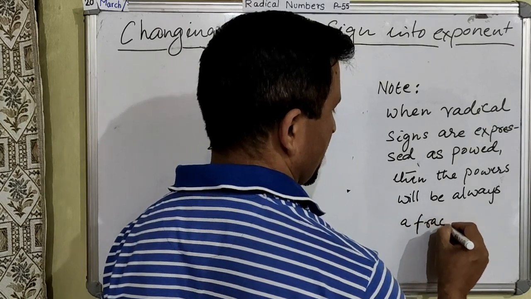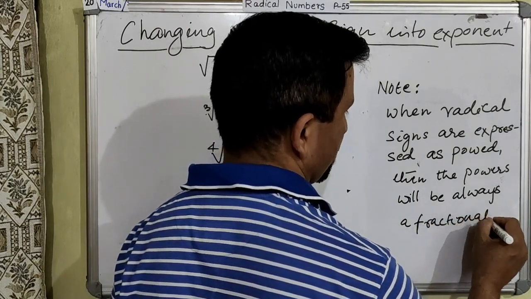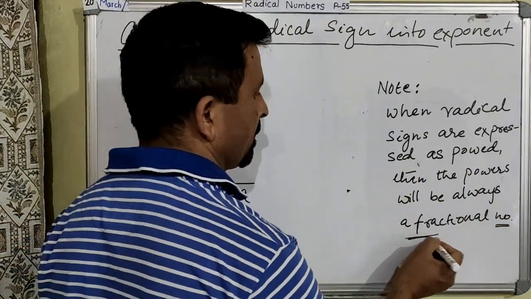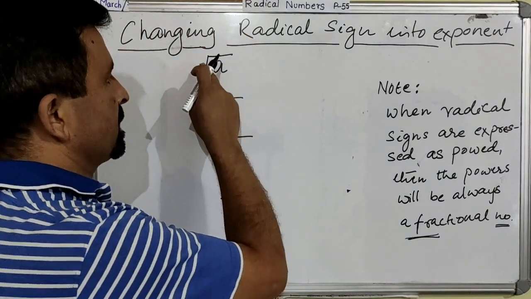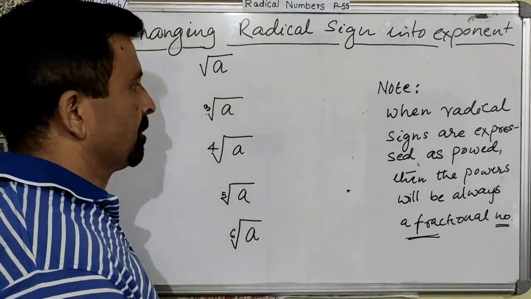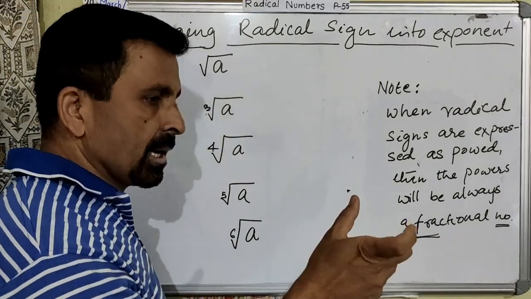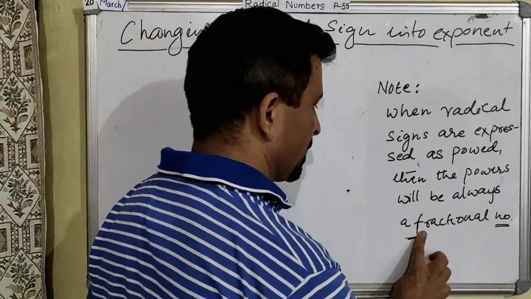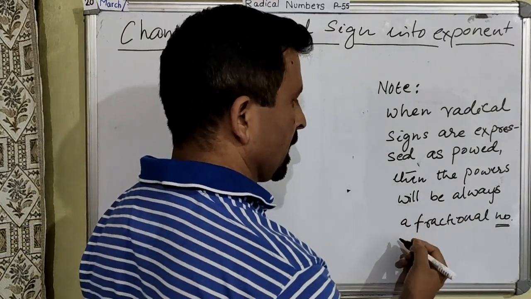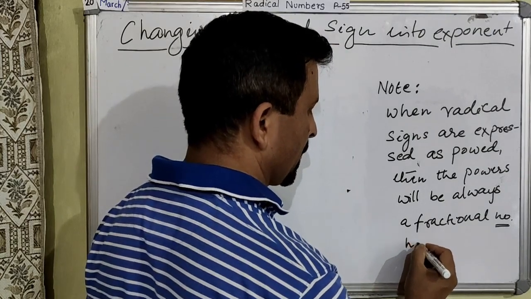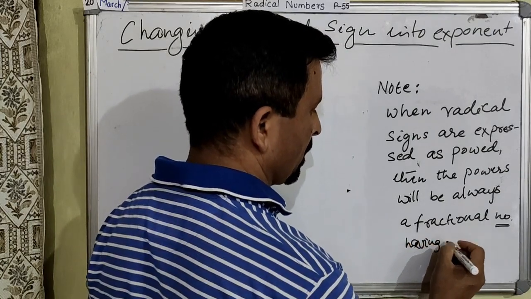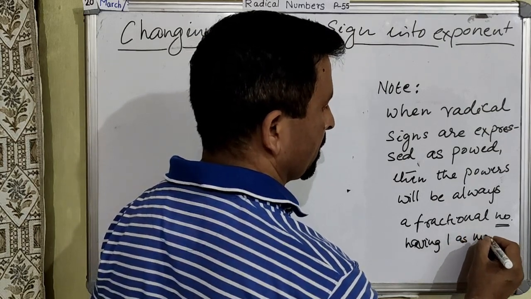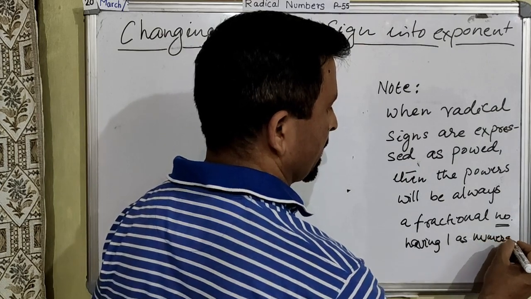Always a fractional number. This is the one thing that you have to keep in mind, right? When these radical signs are converted into power, then the power will be always a fractional number with 1 as the numerator.